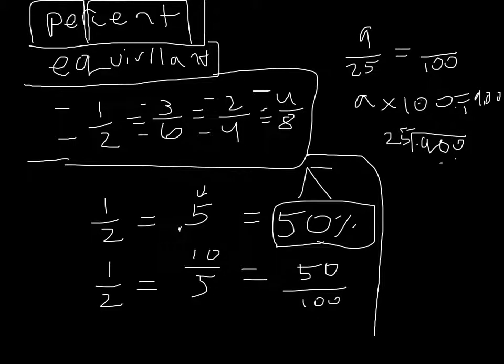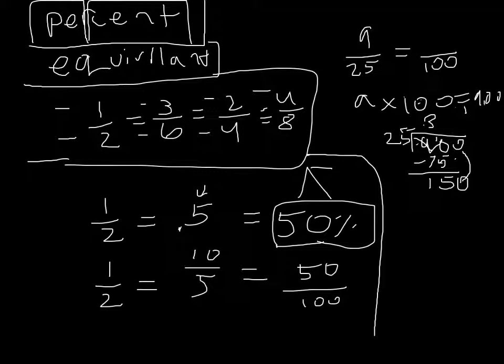So let's do that. 25 goes into 90. How many times? It goes in 3 times, minus 75 equals 15. Then you pull down the 0, making 150. How many times does 25 go into 150?